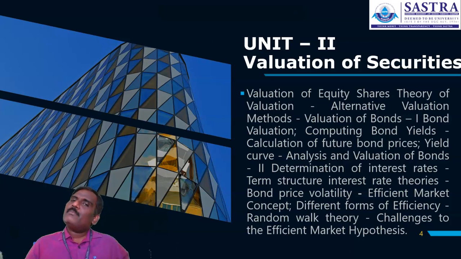We can divide market efficiency into three different forms, called the weak form of efficiency, the semi-strong form of efficiency and the strong form of efficiency. It is analyzed based on the intensity of information. If it is only market related information, we can assume the intensity of information is weak.